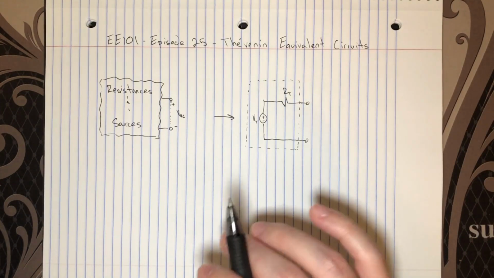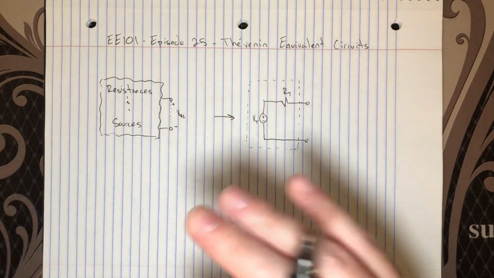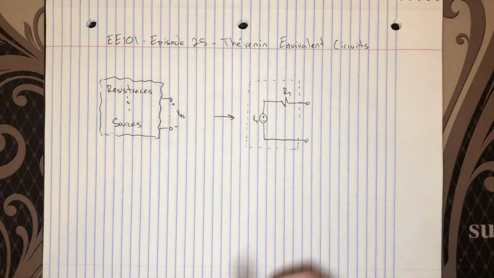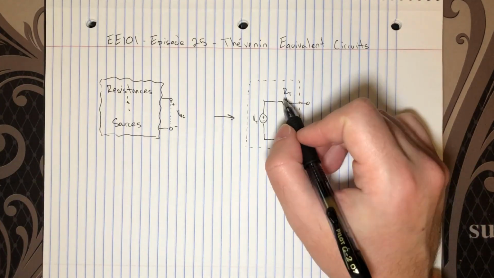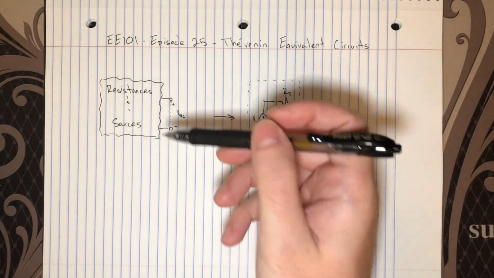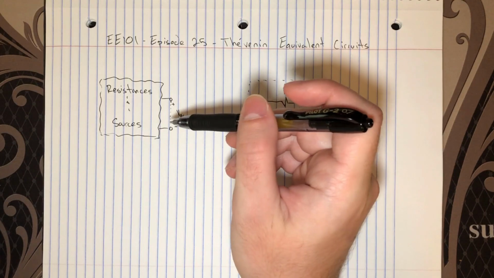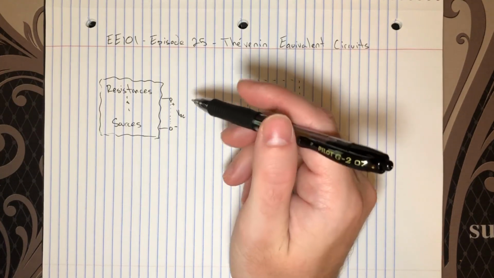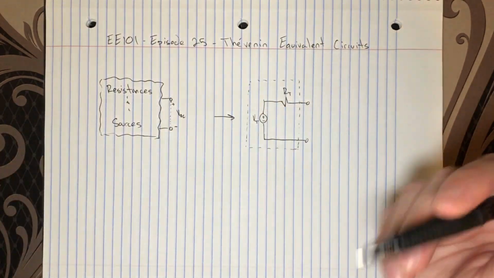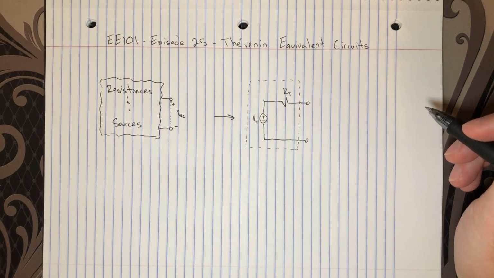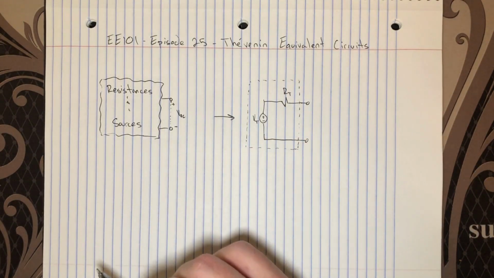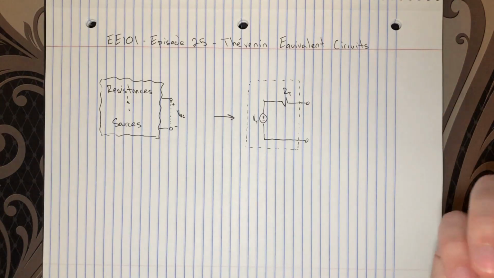So V open circuit is literally just looking at your circuit, just measuring it, looking at the voltage between 2 points. So then the question is, what's the Thévenin resistance? Another way to think about that is, what's the resistance looking in to this port, or this input or output, or whatever this is? One thing you could do is look at the open circuit voltage combined with the short circuit current.